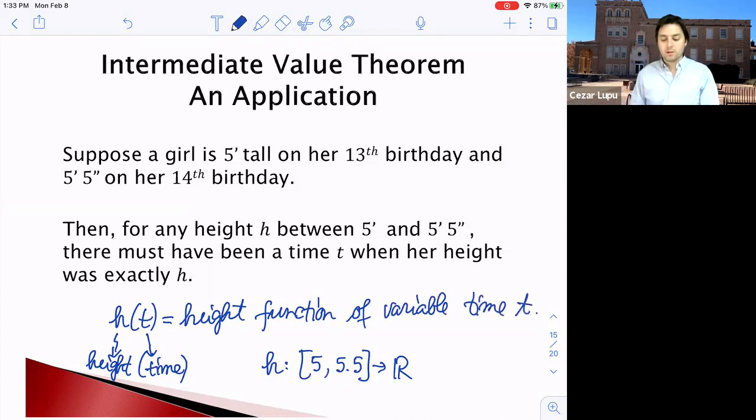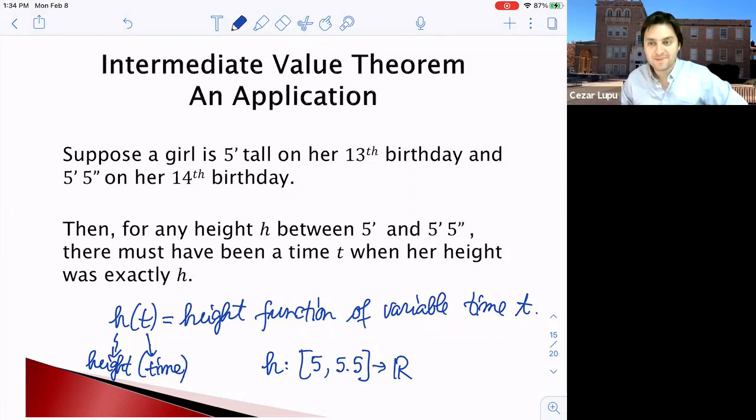And of course, since this is a continuous function, your height will keep growing up to some point. Since you're between these ages, usually you're supposed to grow. Well, it's not necessarily true in any case, but at some point in your life you have to grow. So in this girl's case, she's between 5 and 5.5, and this defines a continuous height function of variable time t.